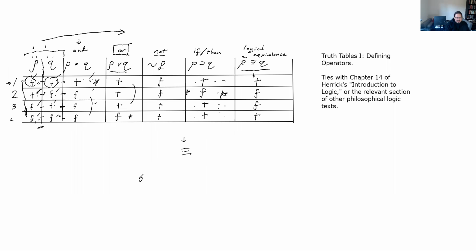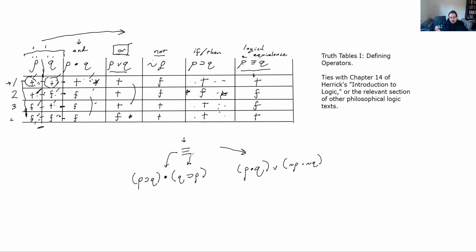The way we would do this is: if P, then Q. If P is true, then Q is true, and if Q is true, then P is true. Or we can do it in a totally different way: either P and Q are true, or P and Q are false. This symbol can be broken down in either of these ways.